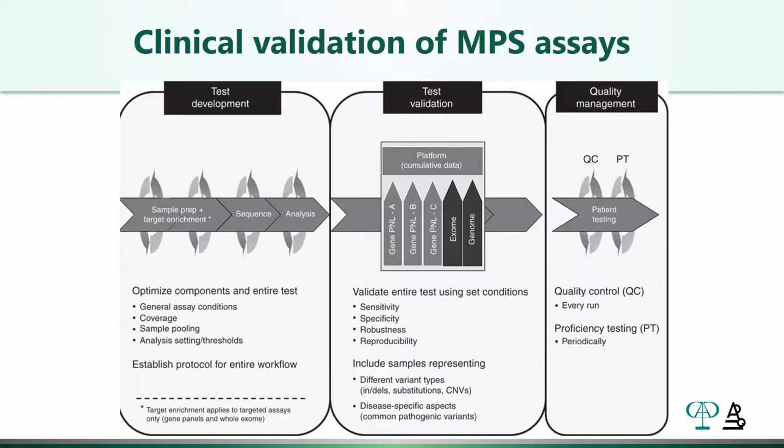And so massively parallel sequencing, of course, looks at different types of variants, which include single nucleotide substitutions or variants, small insertions or deletions, but it can also look for fusions if you start with RNA as the input material, and it can also follow and track copy number variations. For any of these different types of variants that you might want to be looking at, you need to make sure that your platform has been validated for that general category of variant.